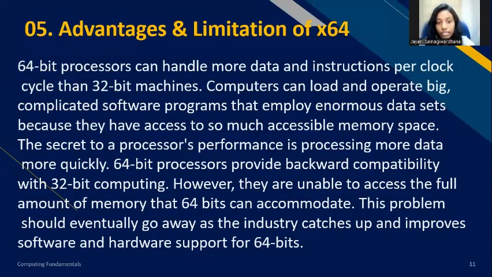They can carry twice as much data per clock cycle than 32-bit processors. As a result, the CPU can process far more data and instructions in a given amount of time than earlier processors.